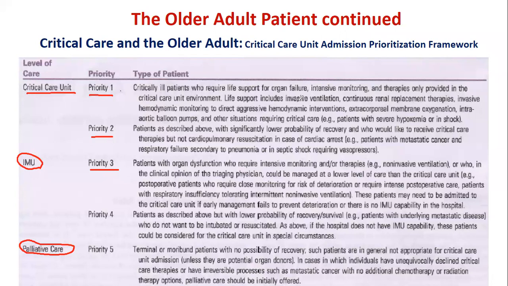And life support includes invasive ventilation, continuous renal replacement therapies, also invasive hemodynamic monitoring, aggressive hemodialysis intervention, then extracorporeal membrane oxygenation, antibiotics, intra-aortic balloon pump, and other situations requiring critical care.